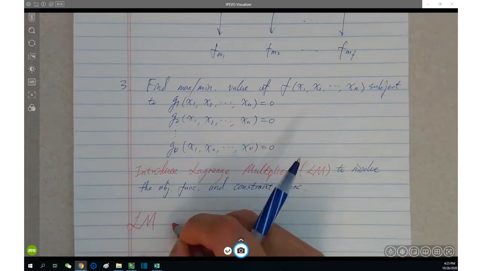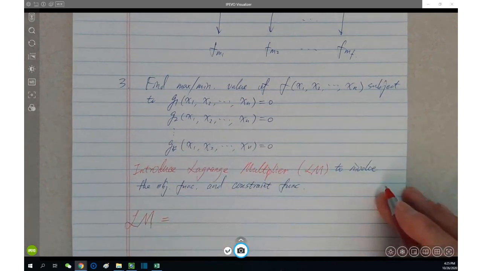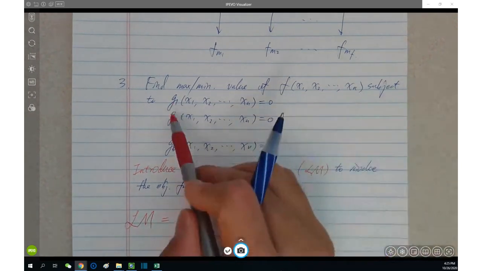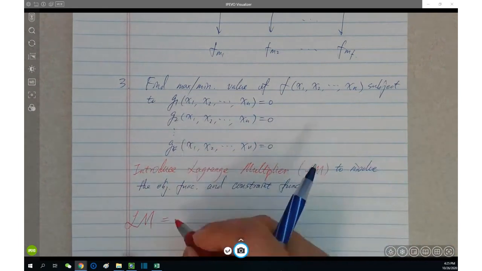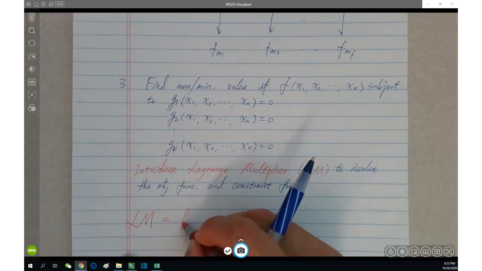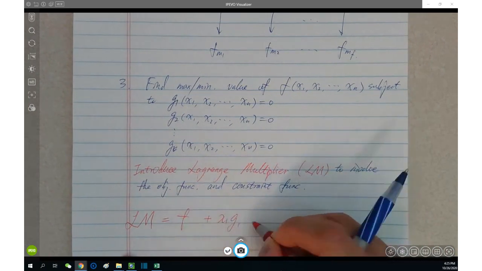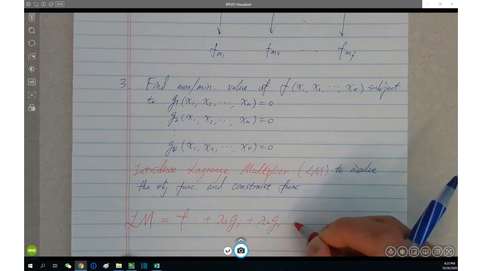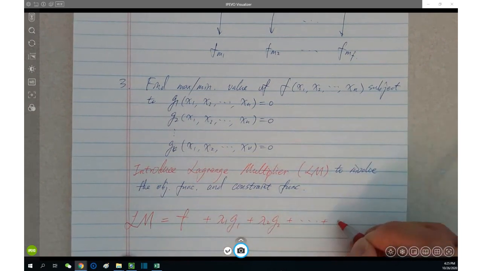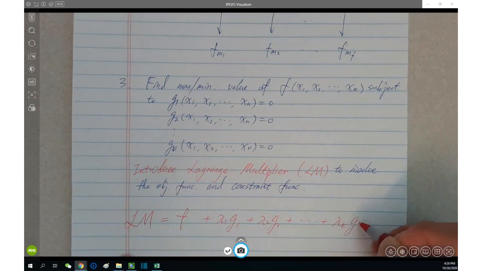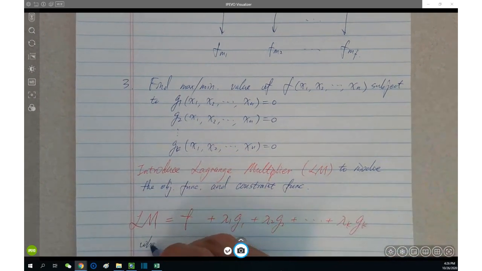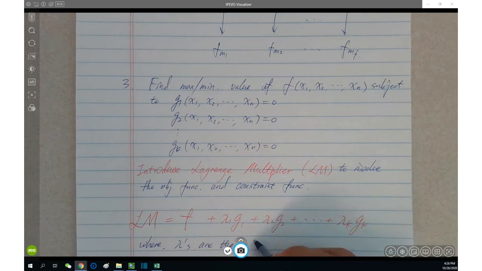LM, based on the f given here and the g1 through gk given here, is equal to very simply, f plus lambda 1 g1 plus lambda 2 g2 plus all the way to lambda k times gk, where the lambdas are the introduced new unknowns.